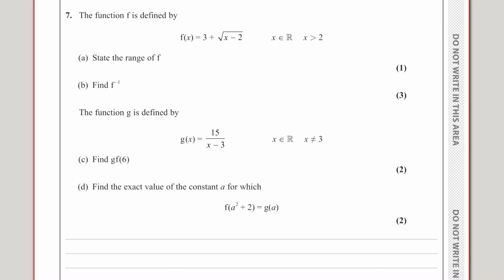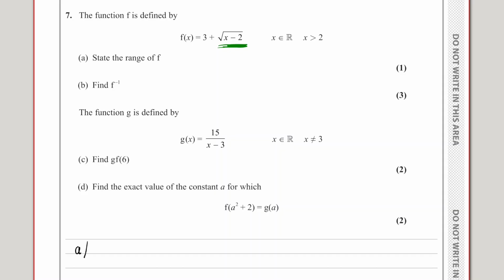So if our input, our domain, is x greater than 2, this square root part, if we put in 2, would be 0, but we can't put in 2, so it's got to be greater than 0. So it can be anything bigger than 0. So in total, f of x is going to be 3 plus anything bigger than 0. So anything greater than 3.